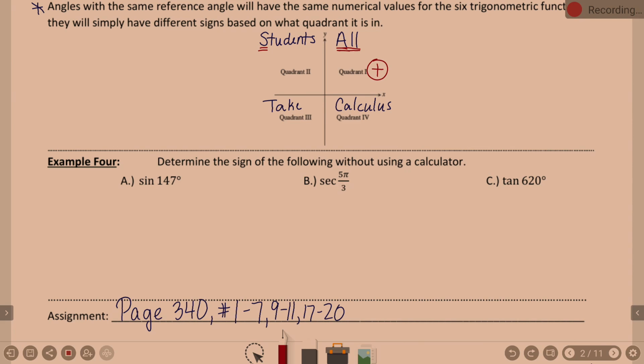What main trig function starts with s? Sine. So in quadrant 2, we know that sine is always positive.